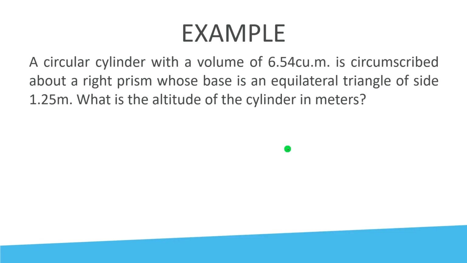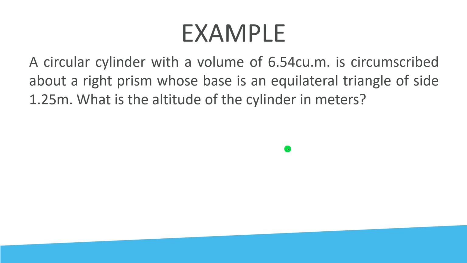Next problem. A circular cylinder with a volume of 6.54 cubic meters is circumscribed about a right prism whose base is an equilateral triangle of side 1.25 meters.